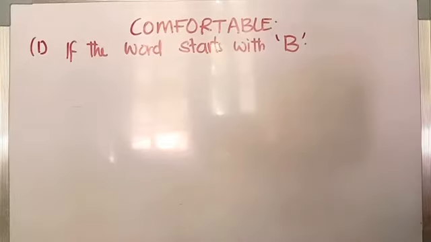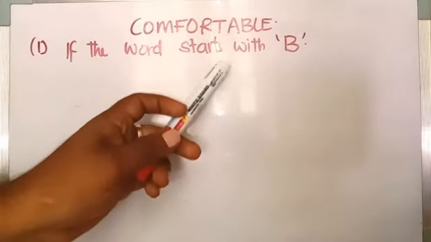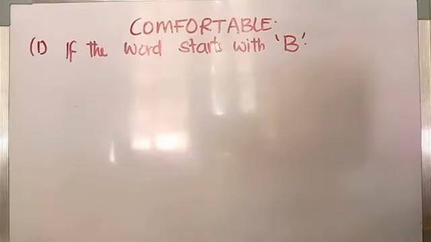Now let's do a few questions using the word comfortable. Okay, question number 1. In how many ways can the letters of the word comfortable be arranged if the word starts with the letter B? You might have seen questions like these in permutation.